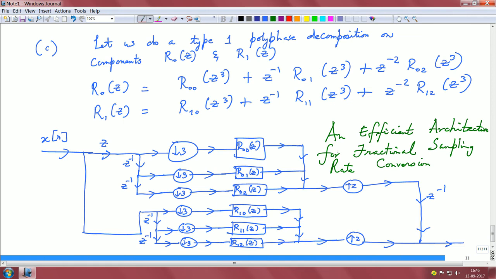sort of the goal, and we have applied all the tricks that we could think of. We did polyphase decomposition, we then applied Noble identities, we looked at interconnecting systems, we did both type 1 and type 2.